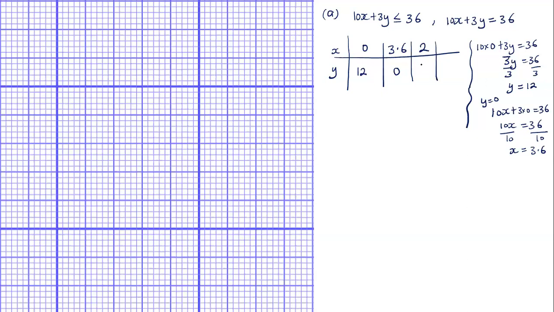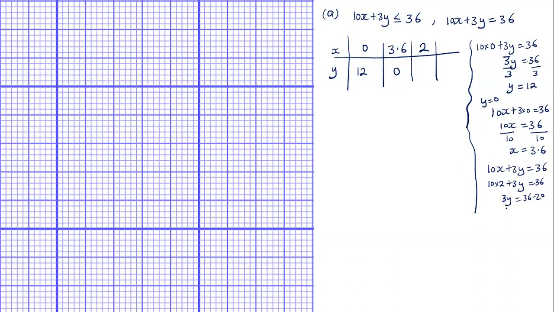So you look out for other values that can give you an exact number in simple terms. So now when I use 2, I'll have 10x plus 3y is equal to 36. So when my x is 2, I'll have 10 times 2 plus 3y is equal to 36. So 3y is equal to 36 minus 20.